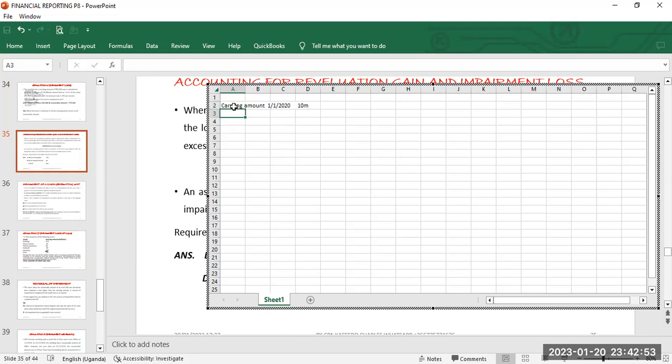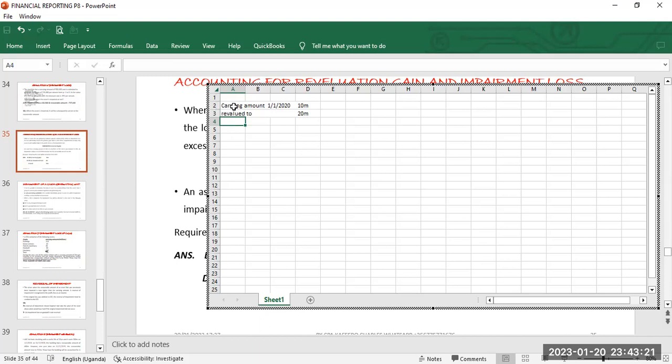And we are seeing that the asset was revalued, when the revaluation took place, to 20 million.